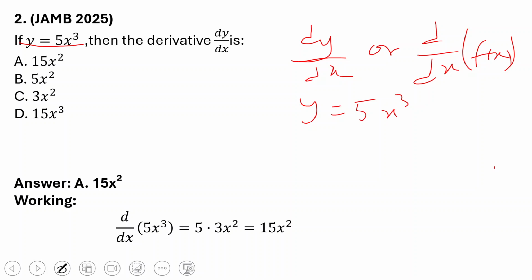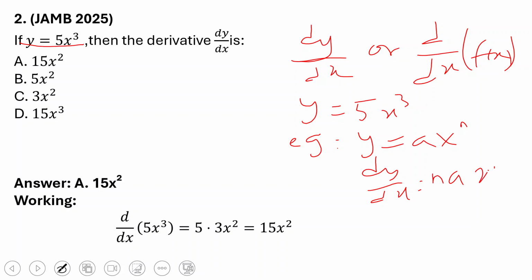For example, if we have y equals ax raised to power n, where n is the power of x, then dy dx will be n multiplied by a, that is, multiply the power with the coefficient, na, then x raised to the same power, not add 1, sorry, subtract 1.